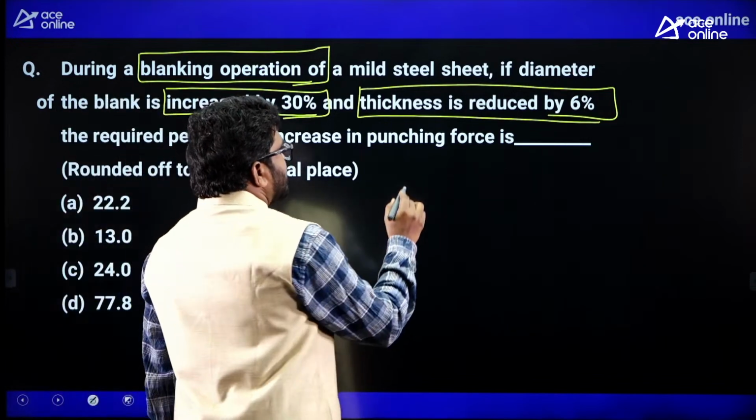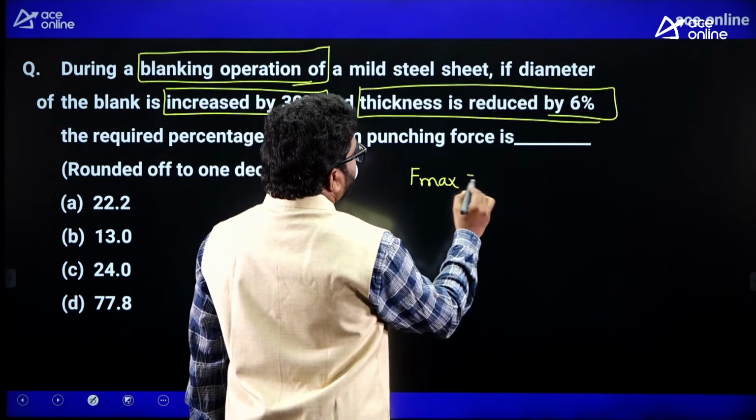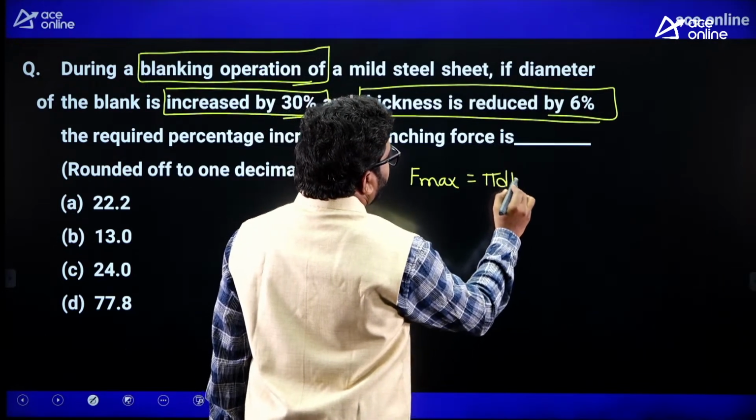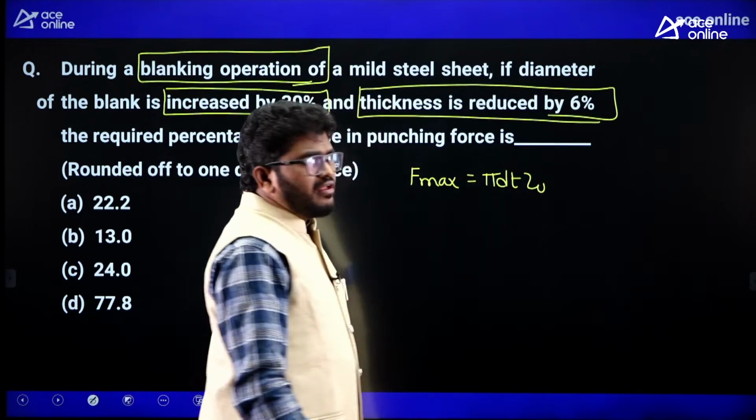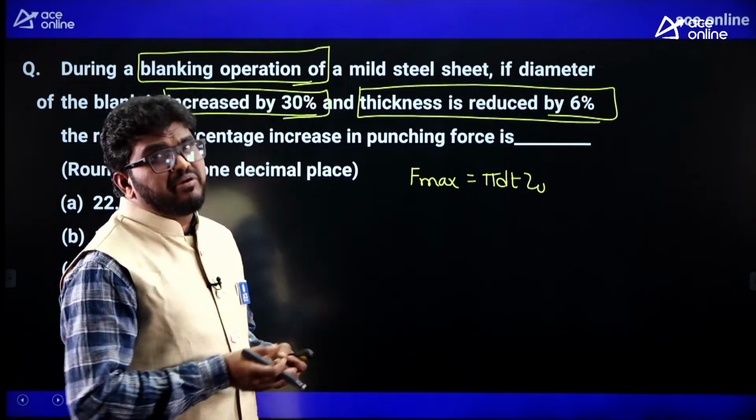Now see here, the general formula is F max equal to pi d t tau u. Material is not changing, same shear strength, only the diameter we are changing.